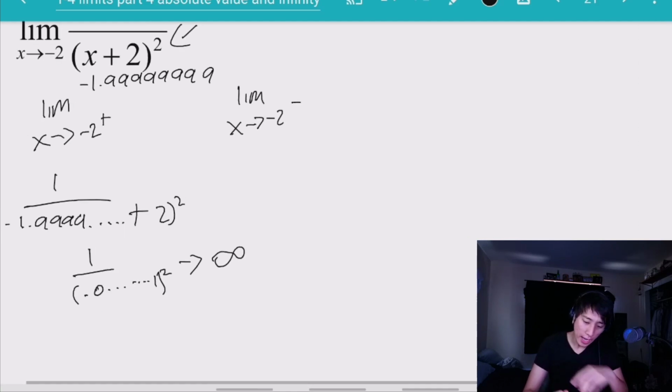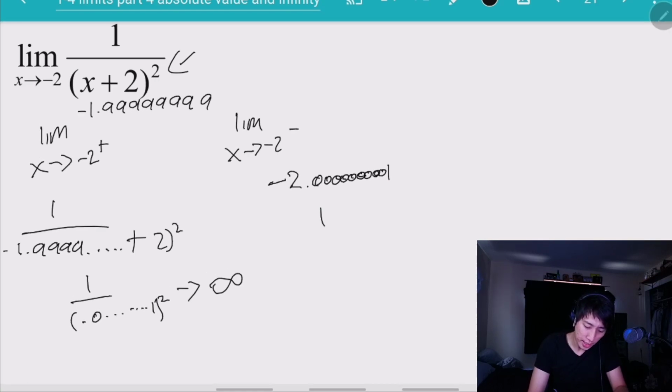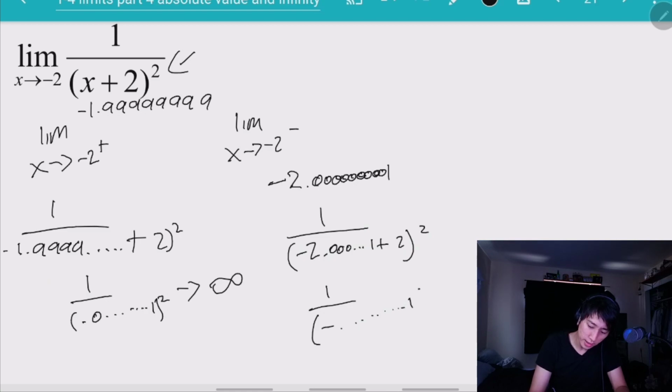All right. And then after that, from the left side, it's the same thing. But again, it's like negative 2.000000000001, something like that. And then we're just going to evaluate it again. 1 over negative 2.000 plus 2, and again this is going to be a negative number this time, so it's 1 over negative 0.000...1 squared.